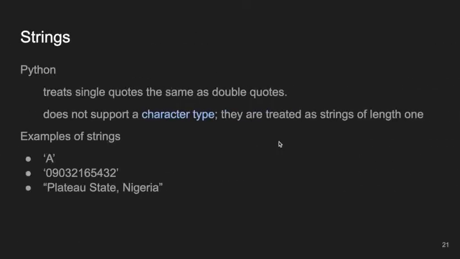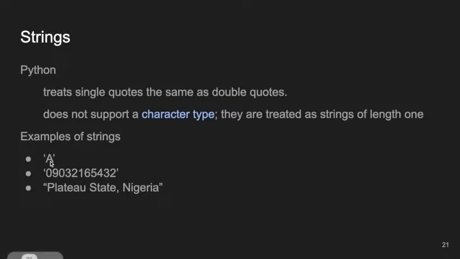In Python, you can declare strings with either double quotes or single quotes. It doesn't matter. Python doesn't really have the character type like some languages like C, which have character as a data type. In Python, they are all strings.